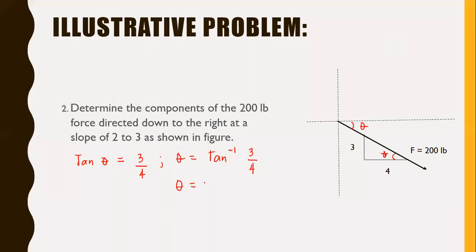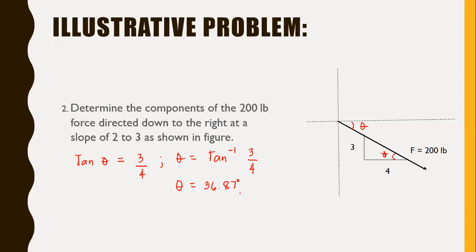Therefore your theta is equal to 36.87 degrees. If you're not familiar with using the slope in finding your Fx and Fy, you can use this formula in finding the angle for the polar coordinates.